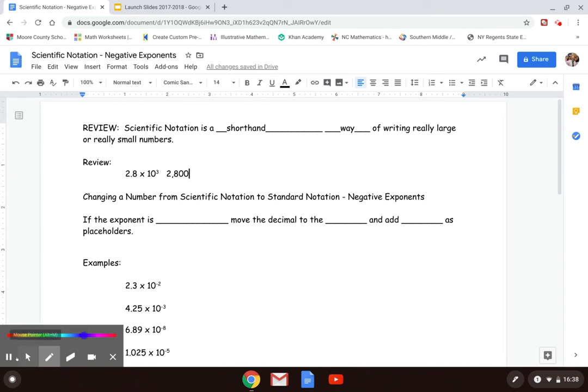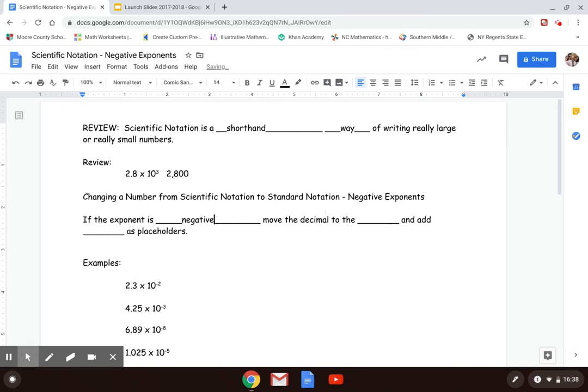Here's what I want you to write down: if the exponent is negative, this time instead of moving the decimal to the right, we move the decimal to the left, and we add zeros as placeholders. The way to remember it is positive exponents make numbers larger, so you move to the right. Negative exponents make numbers smaller, so this time we move to the left.